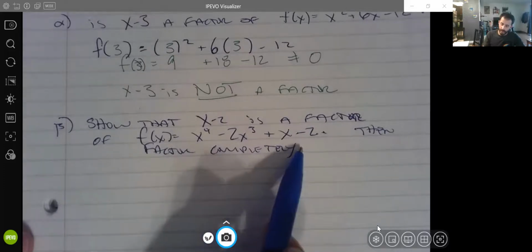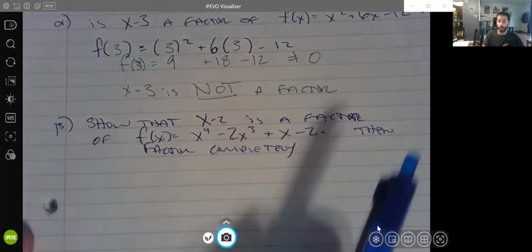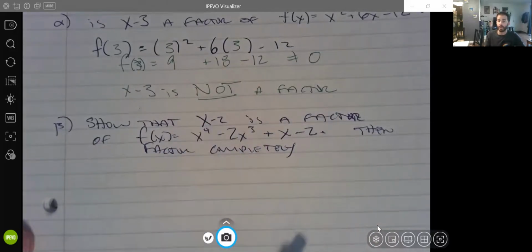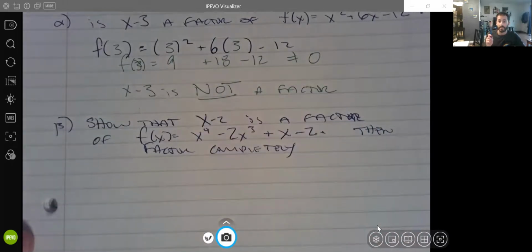To show that this is a factor, let's do synthetic division and then make sure the remainder is 0. Because if the remainder is 0, it's just like plugging 2 in. Well, actually, whatever you get for the remainder is what you get when you plug in 2. But what you get for the quotient is going to be factorable, and then we'll continue factoring completely.